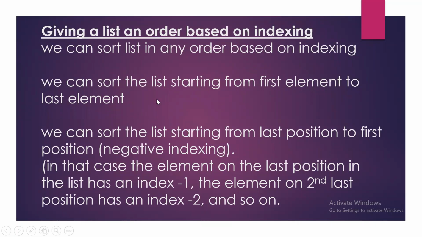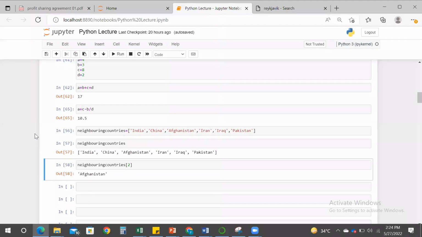In that case, I will use zero-based indexing. That is, I will specify the name of the country from 0, 1, 2, 3, 4, 5, and so on. So let's see. If I want to list the names in the order they are appearing in the list, it is from first element to last element.